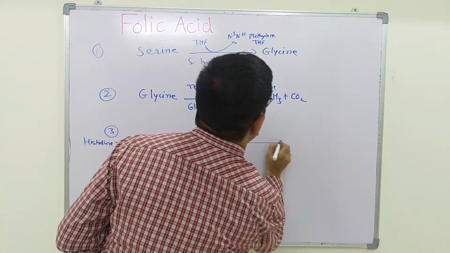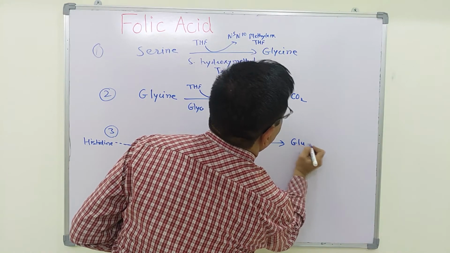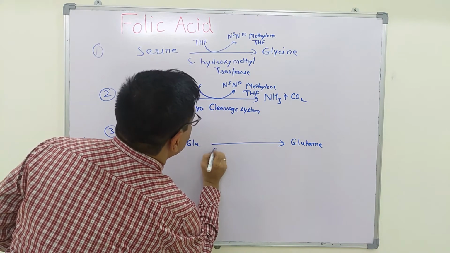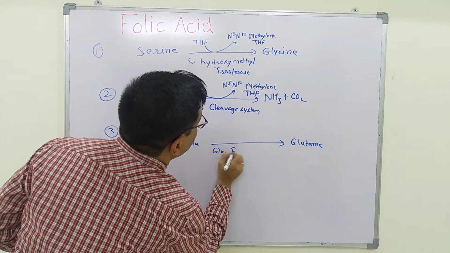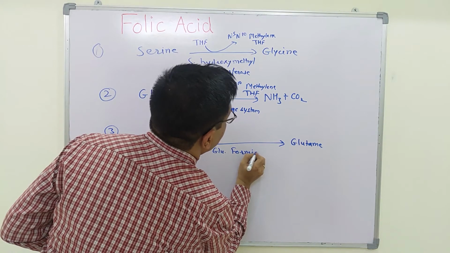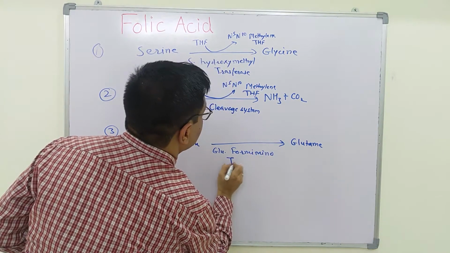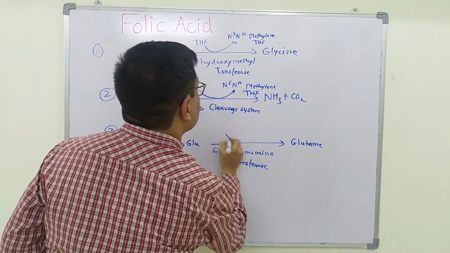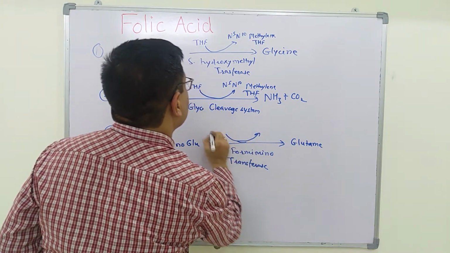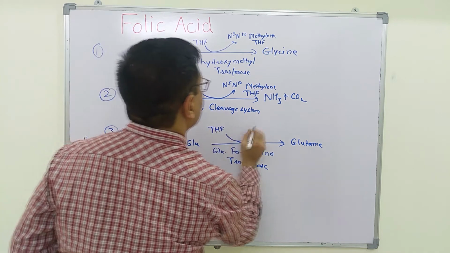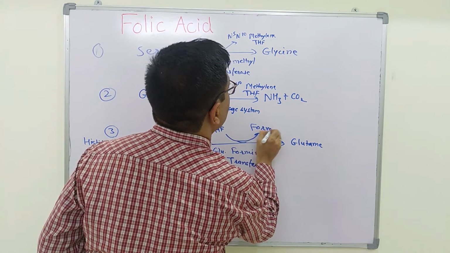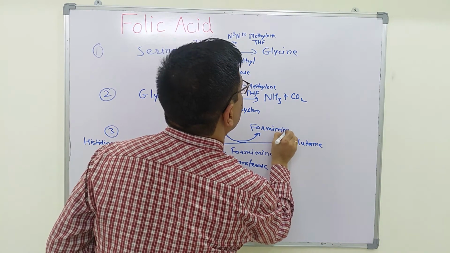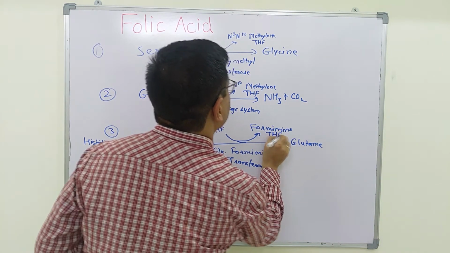This is converted to glutamate with the help of glutamate formiminotransferase. In this reaction, tetrahydrofolate is converted into formiminotetrahydrofolate.